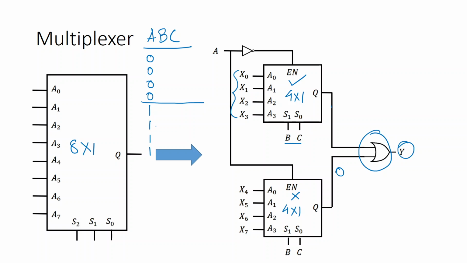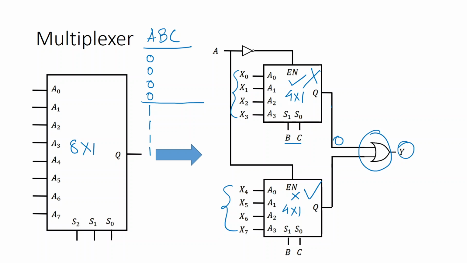Now when A becomes 1, things get completely opposite. This one is not activated anymore, and this one is becoming activated, and this output is getting at Y because of the OR gate. And what is coming at this output? One of these data, depending on BC.